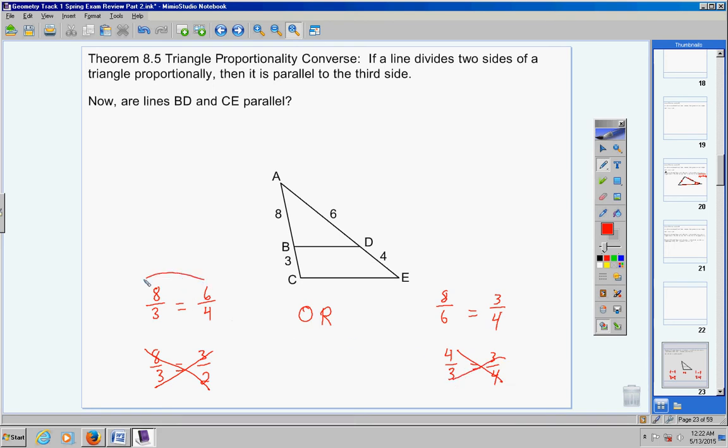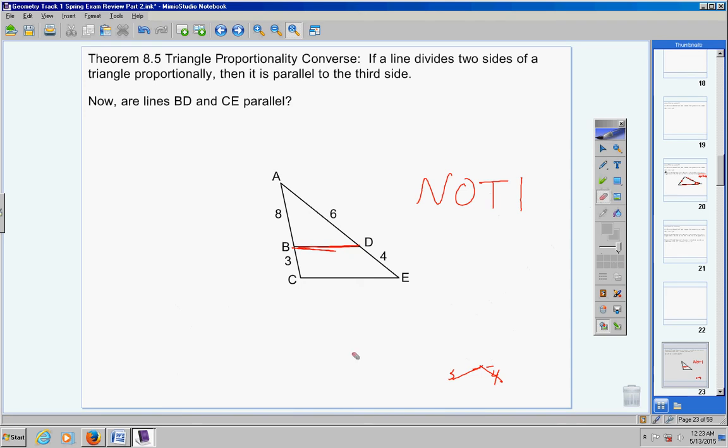So it didn't matter which way you go, you do not get a true statement. So even though these two segments here look like they're parallel, they are not parallel. I know that because this segment and this segment are not proportional to these two segments over here. So these two segments are not parallel. Alright? Hope that makes sense.